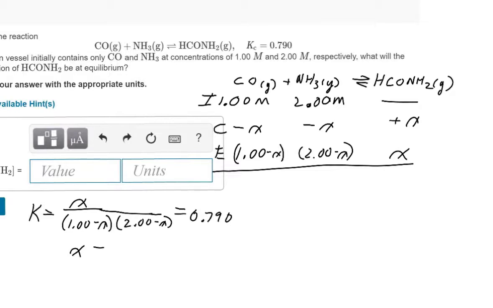We've got x equals 0.79 times, thinking.